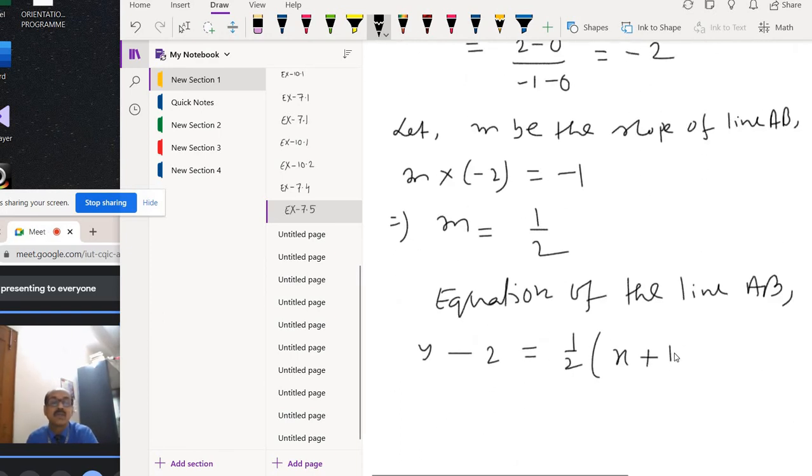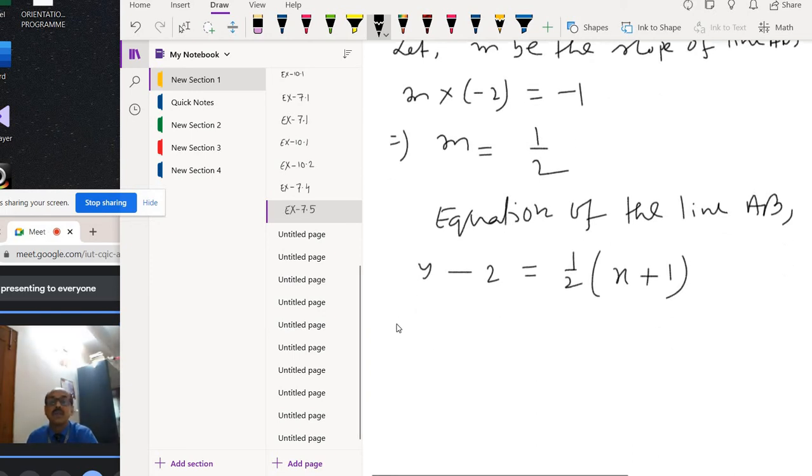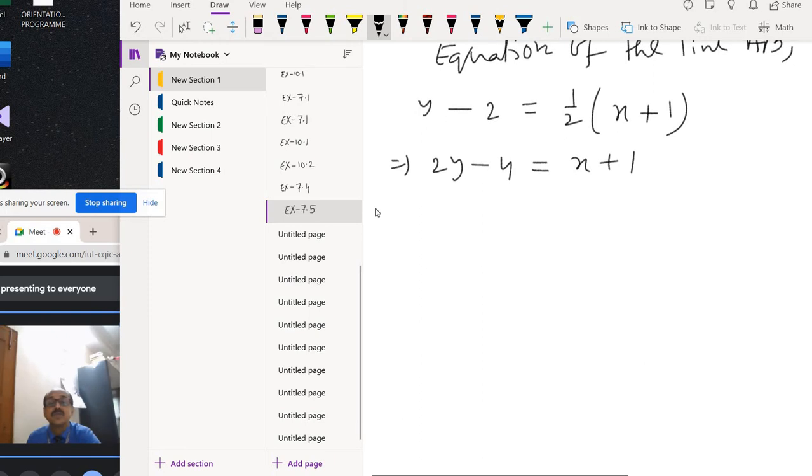Slope point form. So 2y minus 4 equal to x plus 1.